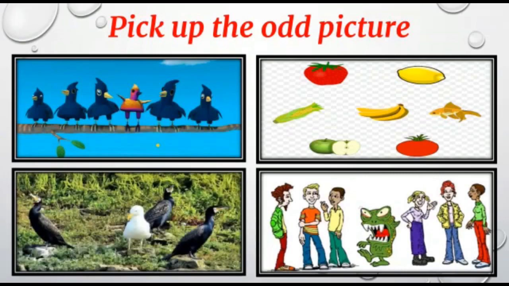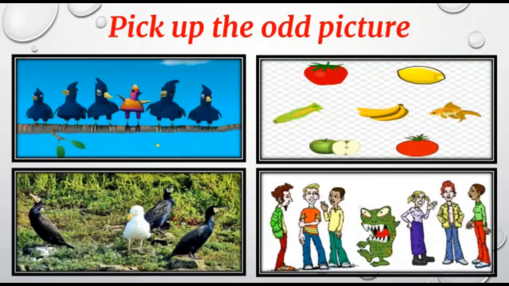In the third picture, you can see birds. Among three birds, one bird is white in color and it is different. So again it is odd. In the fourth picture, you can see people standing and among them a different type of animal.